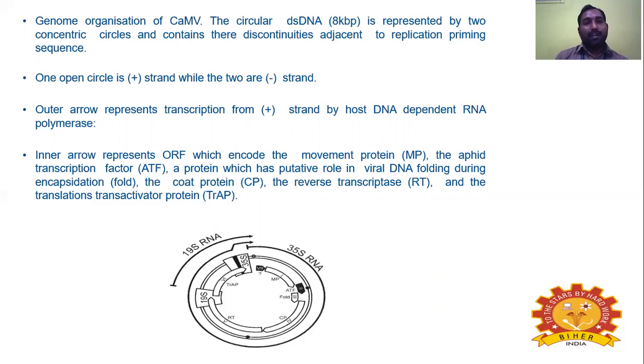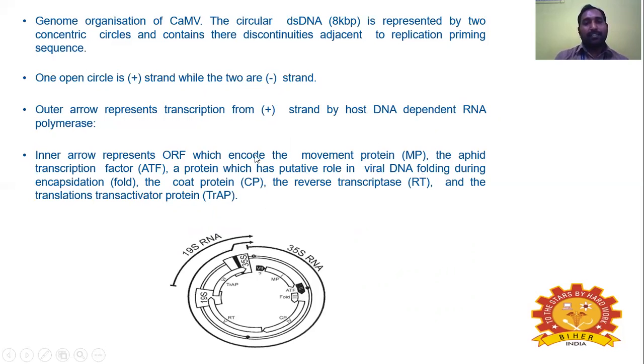This outer arrow represents the transcription from the positive strand by host DNA-dependent RNA polymerase. The inner arrow represents ORFs, and MP represents the movement protein, and the aphid transcription factor and proteins which have a putative role in DNA folding during encapsulation.